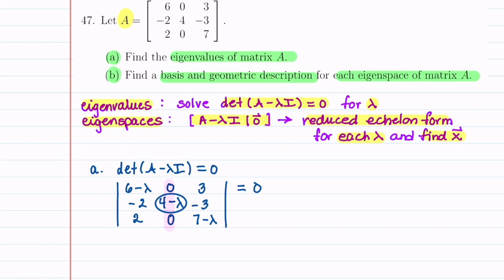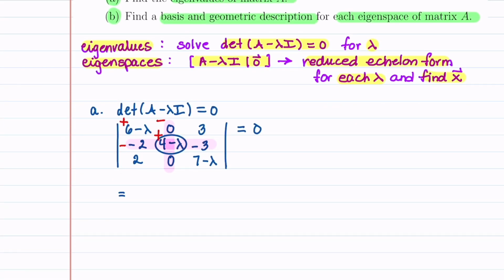To find the value of this determinant, we're going to have a sign factor times this entry times what remains when we cross out the row and column common to that entry. Our sign factor is a plus. You start in the upper left-hand corner, and then you work your way over, plus, minus, plus. We could have gone down and then over, and we would have gotten the same thing. The sign pattern just alternates with plus and minus.